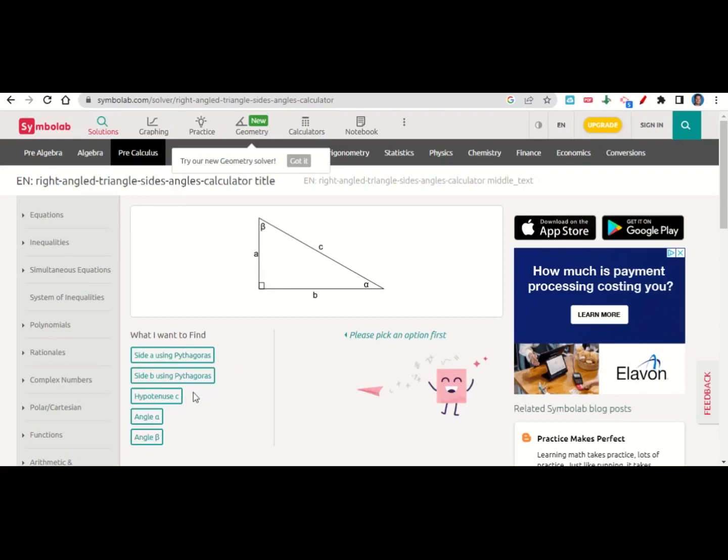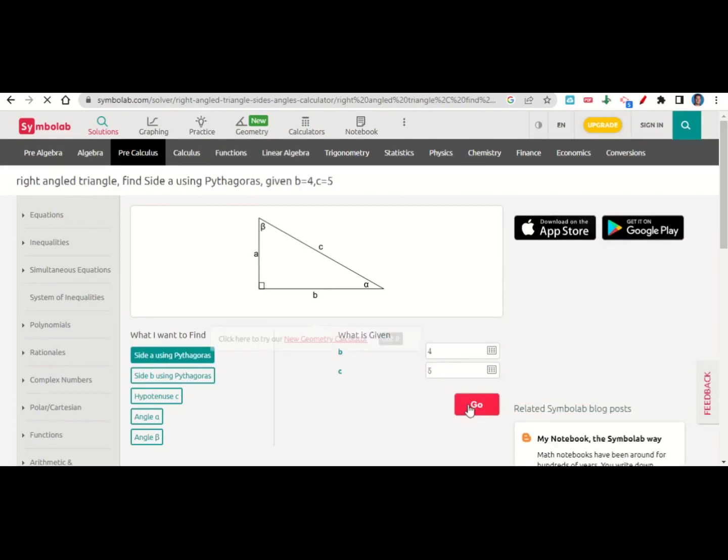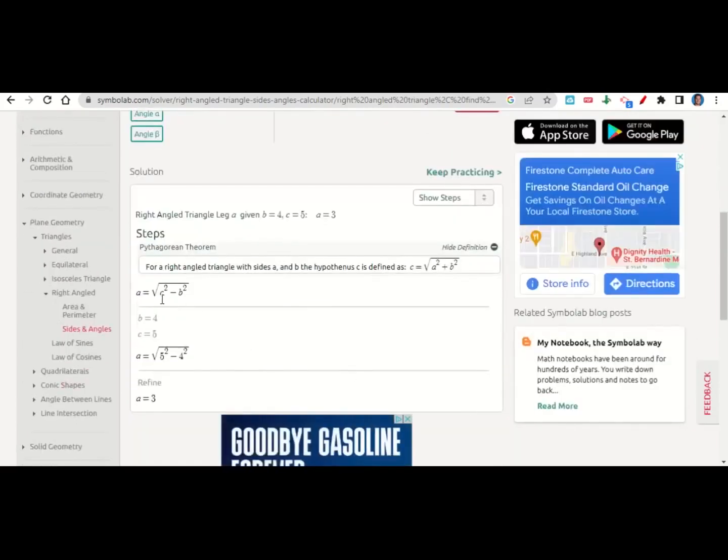So let's say we're trying to find the length of A. So we go here, and all it does is it asks you to put in B and C. So let's say B is 4 and C is 5. We go ahead and click Go. It shows us step by step how to do this, and it tells us that at the end, our A should be 3. So that other side length should be 3.